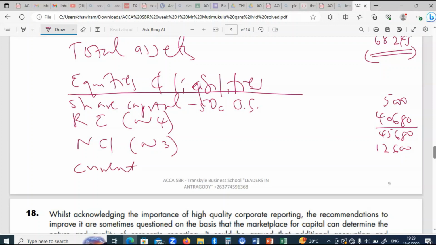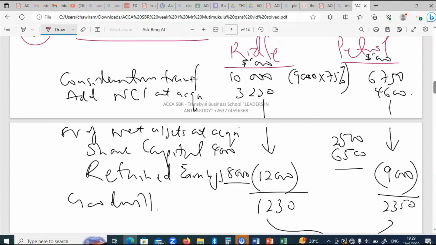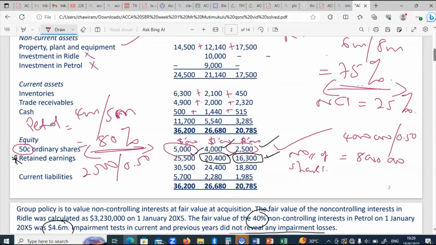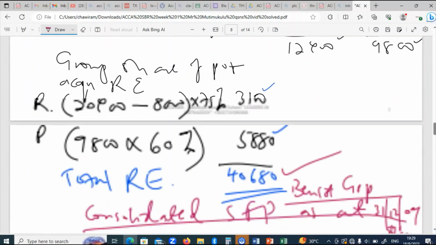There was no non-current liabilities. So current liabilities. Okay, and this one we also have to add across. So the question, there was no non-current liability, so we just have to add this figure plus that figure. So those are the three figures that have to be added across.